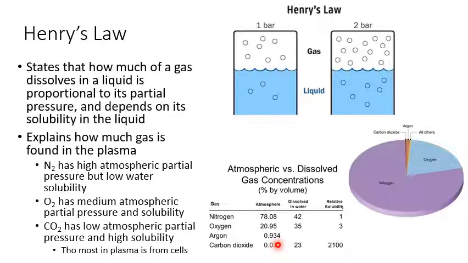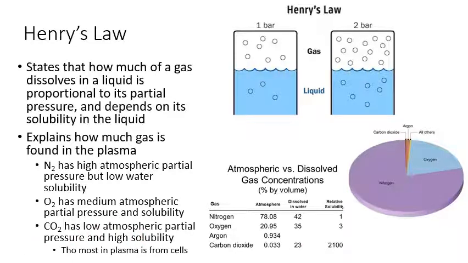Of course, that number is changing year by year. And I'm actually not sure which year this table is even from, but let's say 0.03% of the atmosphere is accounted for by carbon dioxide. If you left air to dissolve in water, you would end up with 23% of all the gas that dissolved into the water being carbon dioxide. So it's greatly enriched in water.